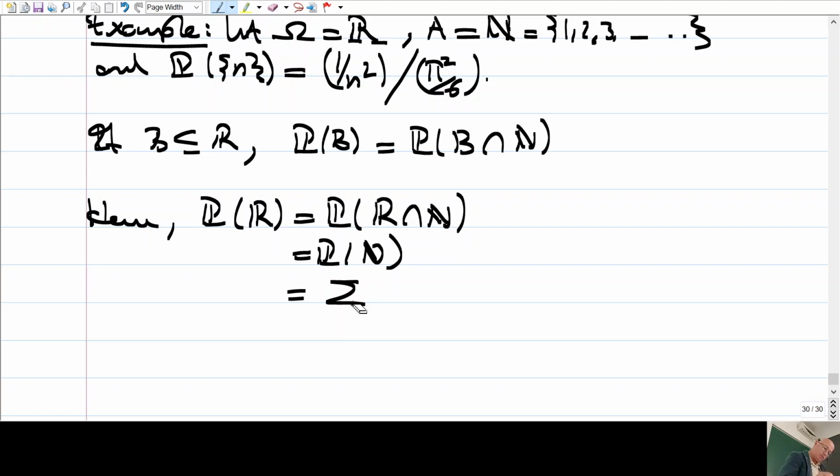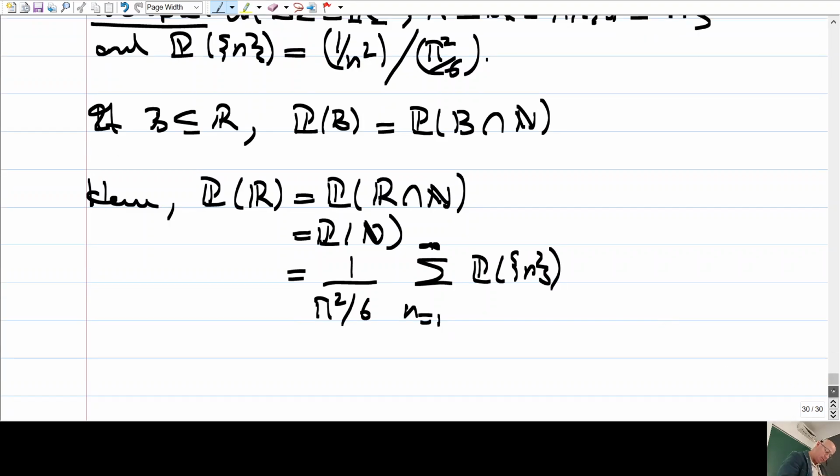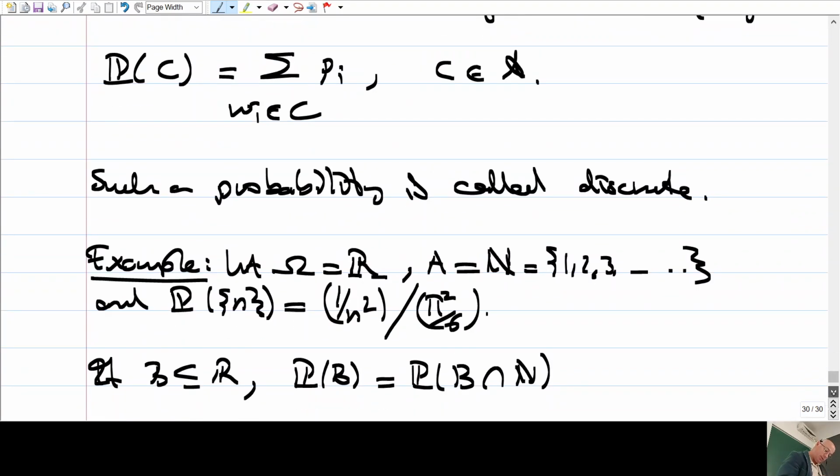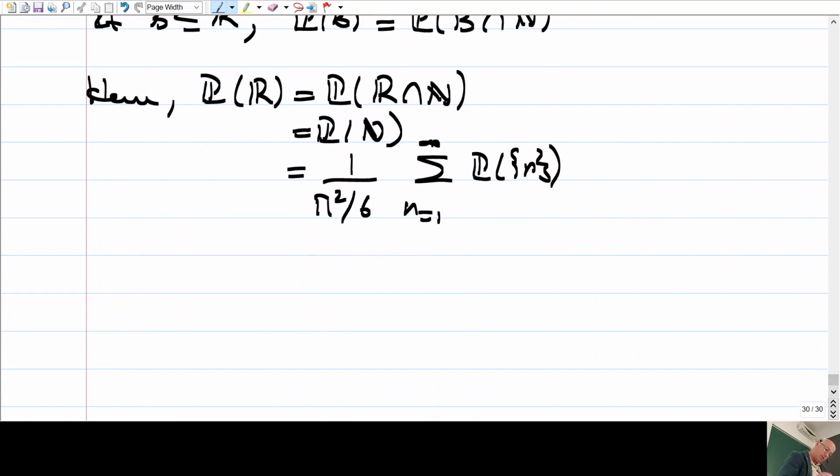1 over pi squared over 6 times the measure of each integer, and that is just pi squared over 6 times the sum of 1 over n squared from 1 to infinity.